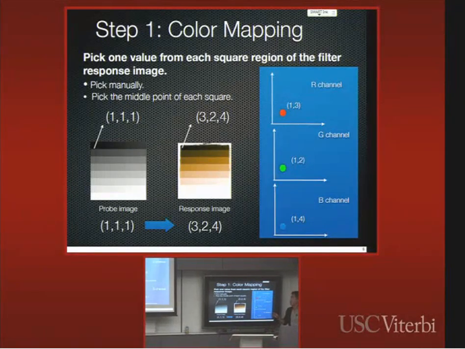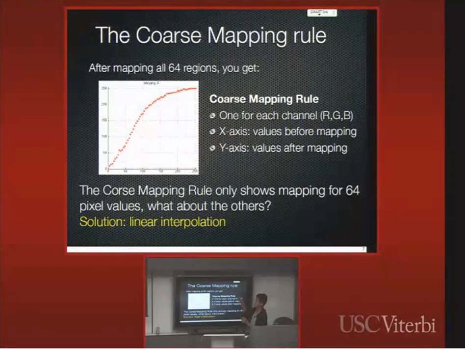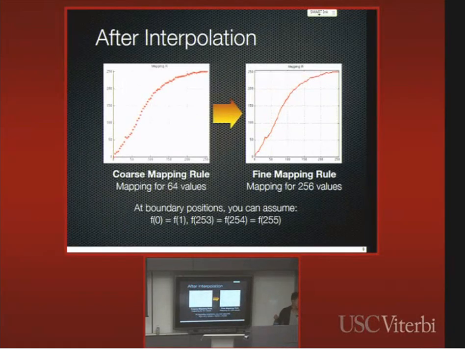If you do this for all the 64 values, you can get a coarse mapping rule by mapping them one by one. But this only shows 64 values. We still have a couple of values missing, so we use some sort of interpolation method to interpolate all the values. If you combine all these dots, you basically see that there's a fine mapping rule. You can map all the 256 values.